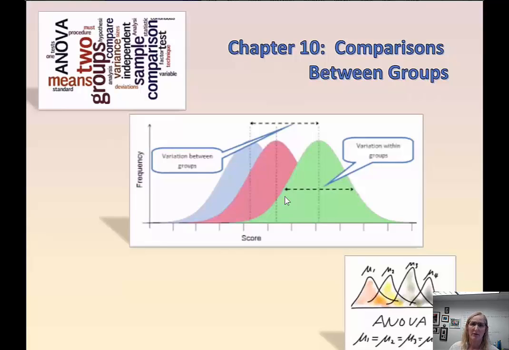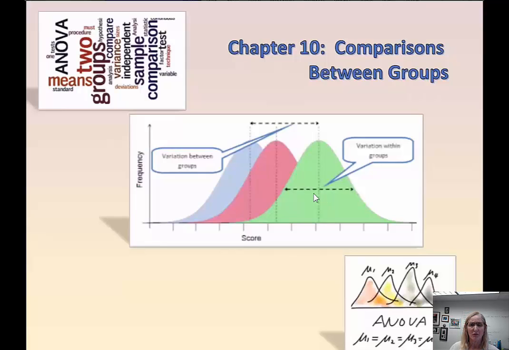Is it normal? Is it properly distributed? But we did all of that because we want to use tools like analysis of variance, ANOVA. We want to be able to compare a group to another group to say that this group is actually different from this other group.